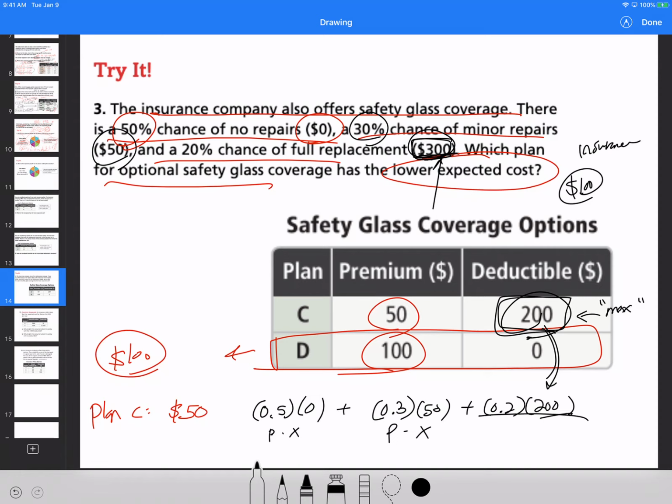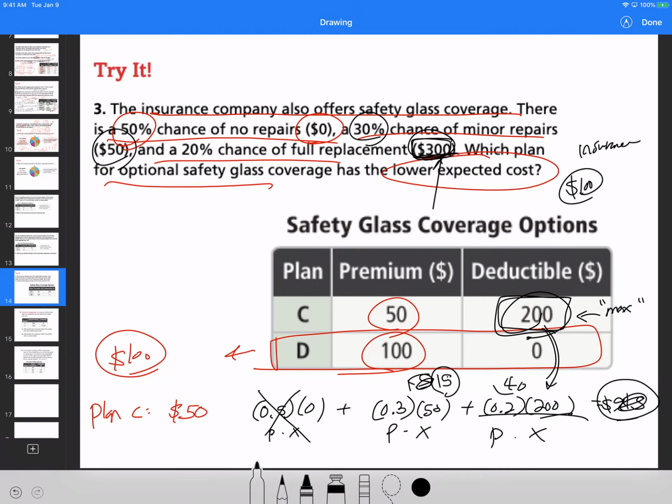So when you multiply these two together, probability times X, that is the entire expected value for which you're going to be liable. This is 0, this is 15, and this is going to be 40. I'm sorry, I said 1.5 earlier, that's 15.